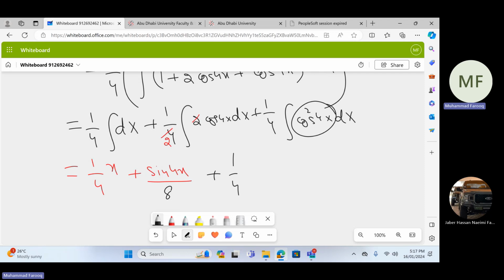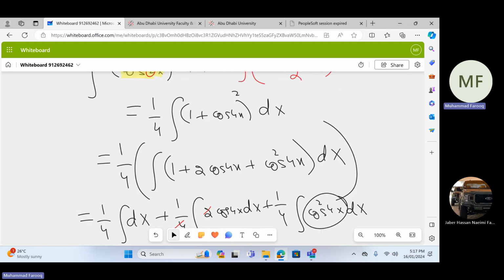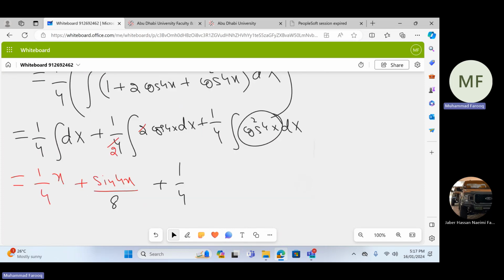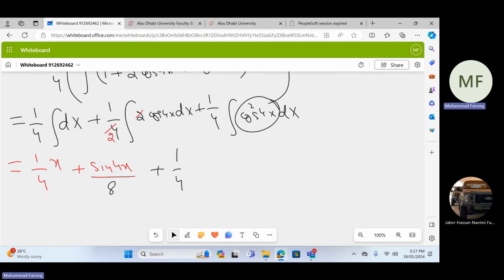Okay. Again, identity. Cosine square has which power, even or odd? Even, 2. And this is the even identity: 1 plus cosine 2x over 2. But now look at here. What is the angle here? 4. So when you use the identity, it becomes what? 8.